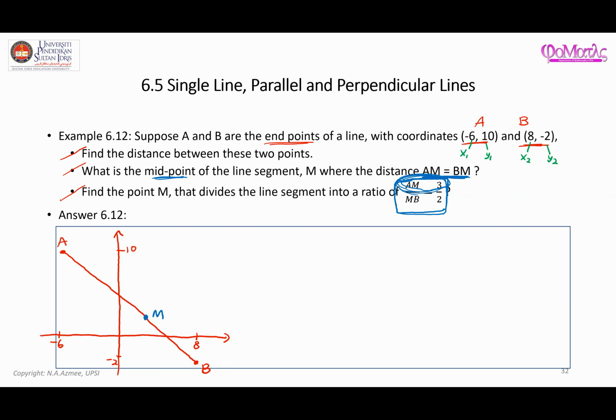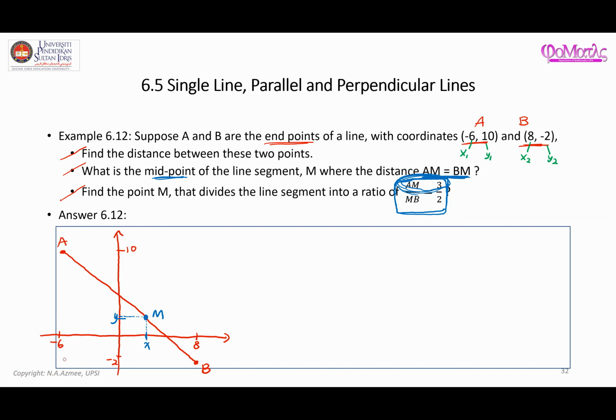Okay, so maybe somewhere here where you don't know the value of X and Y, but you can see that this is your X and this is your Y. Next, what I can do is insert a right angle triangle.